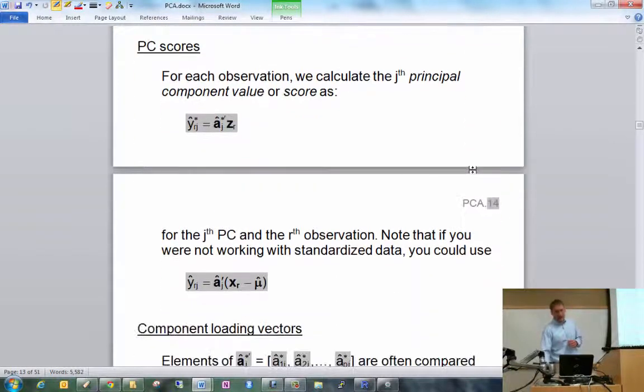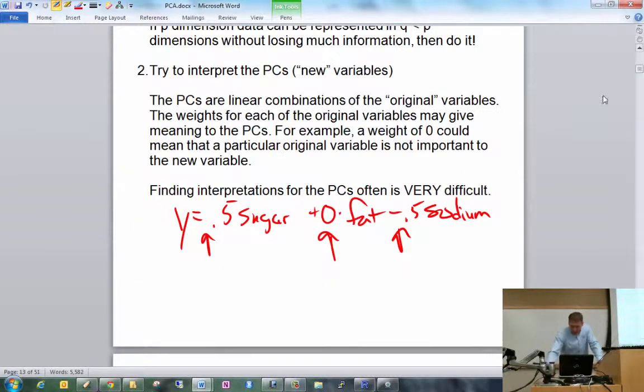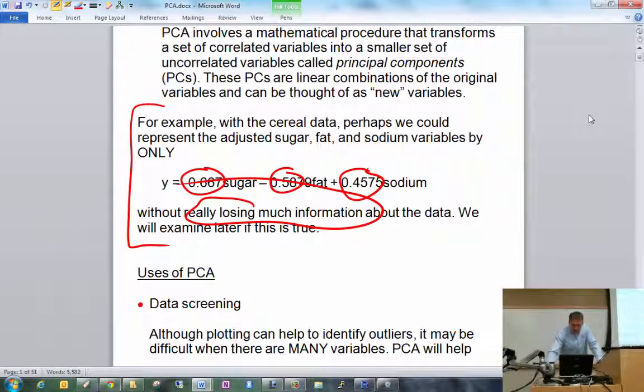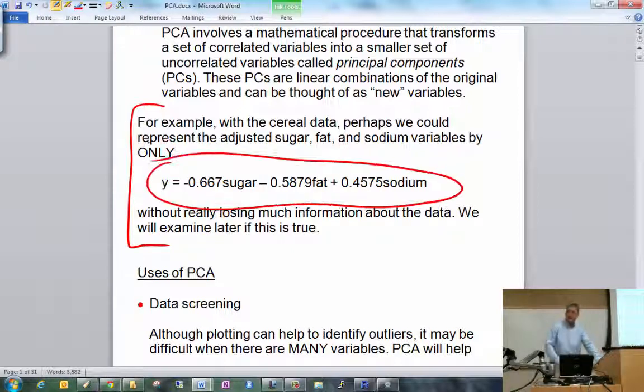Okay. Let's talk about something called PC scores. As I began with at the very beginning, we can go back there. So I mentioned at the beginning here, let me do some erasing as well. Let's say that this is our first principal component.